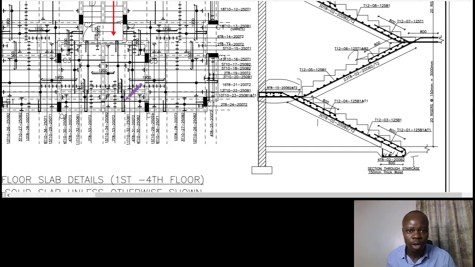So I will start with T8. Normally you will realize that you will have a number of them indicated in terms of the bar mark. So we have 1, 2, 3, 4 and so on. The one that we've talked about is having mark 02.